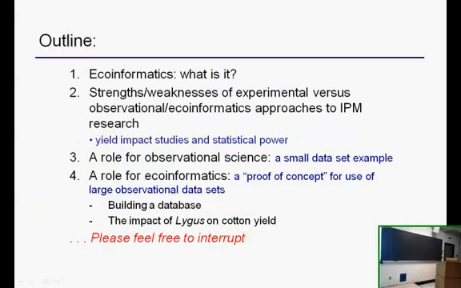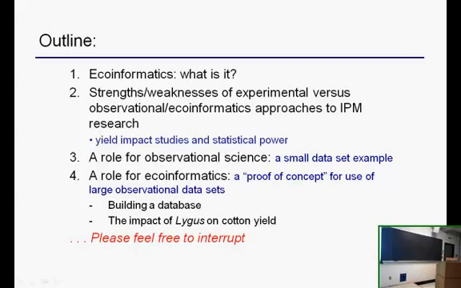And I'll try to focus that discussion a little bit by viewing it through the lens of a yield impact study, one of the core studies that IPM researchers do, trying to quantify the relationship between pest density and crop yield. And then, for the last chunk of our time, I'll walk through two examples that try to show how observational data sets can play complementary roles in research projects.